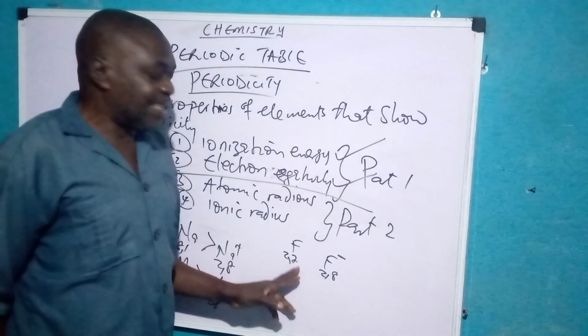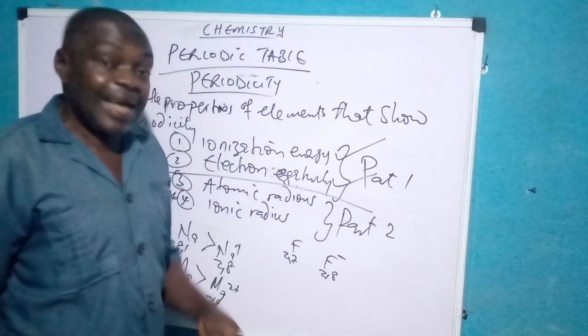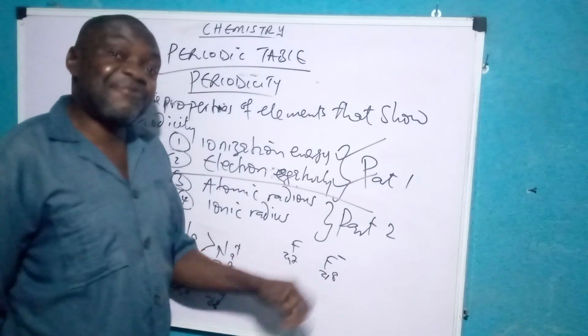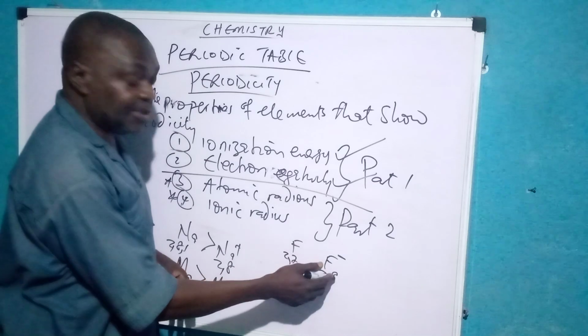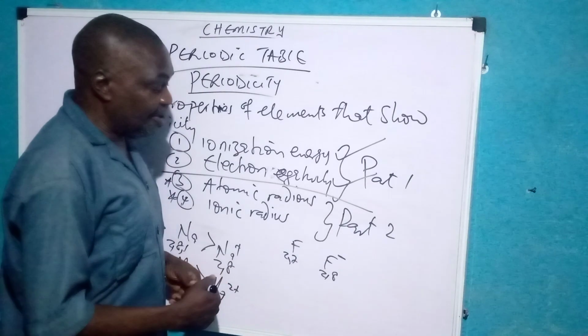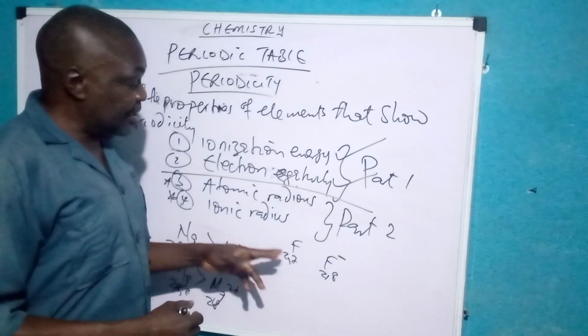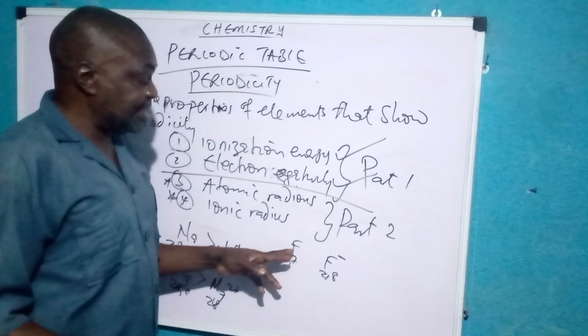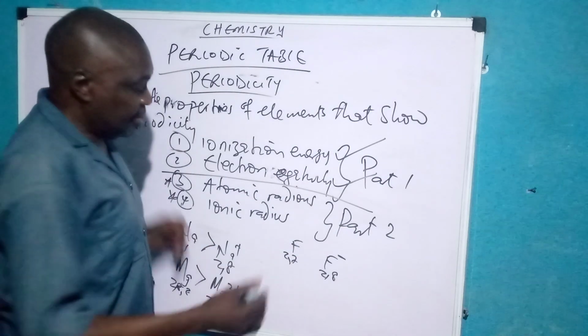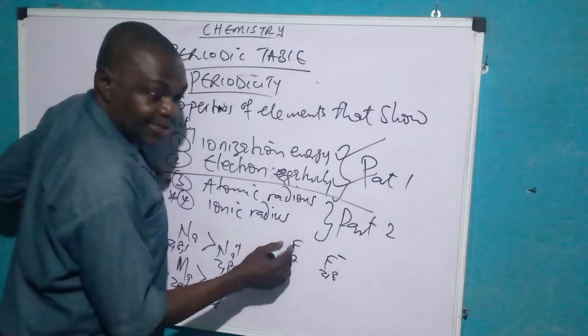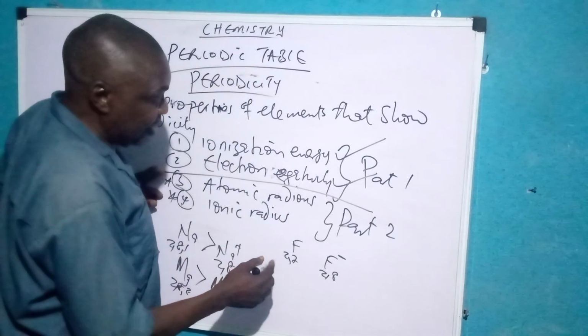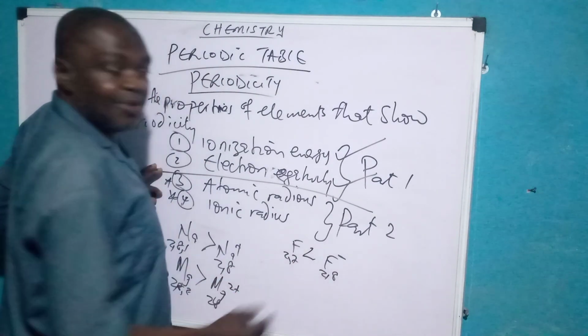So it's assumed you are adding a different shell to it. Therefore, the size will increase. Therefore, the radius of an electronegative atom is always smaller than that of its ion.